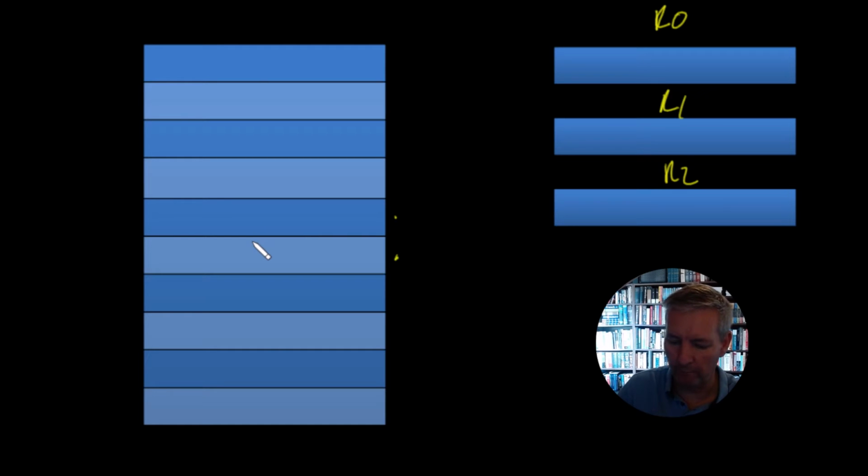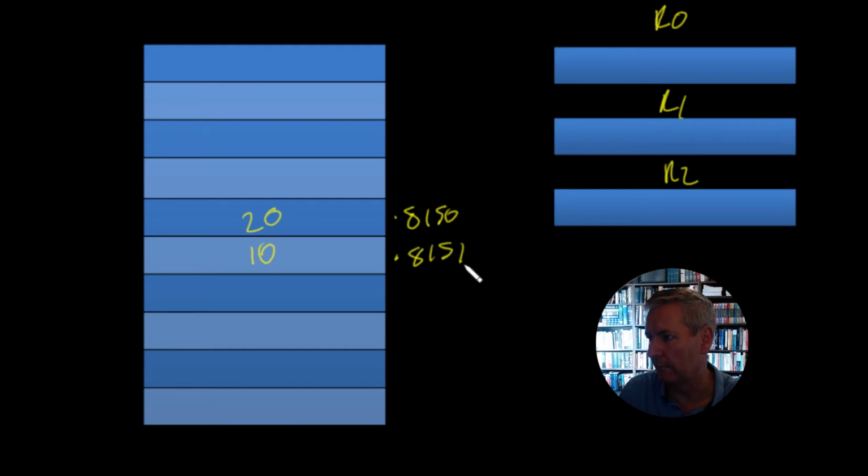Now we're going to start off with two values already in memory. So we're going to have, say, a value of 20 here and a value of 10 here, and this is address 8150 and 8151. These are just two random values in two random memory locations, and we're going to compare them.